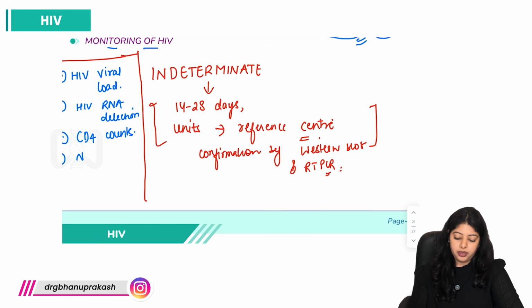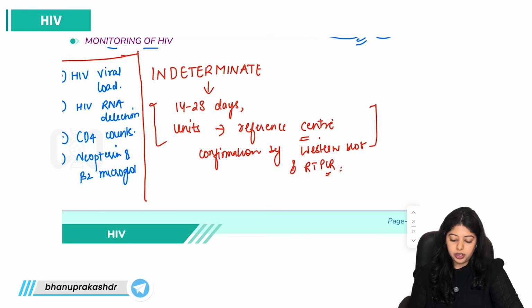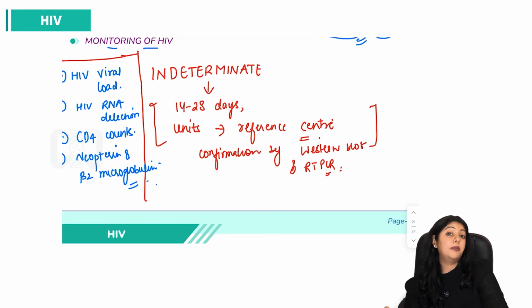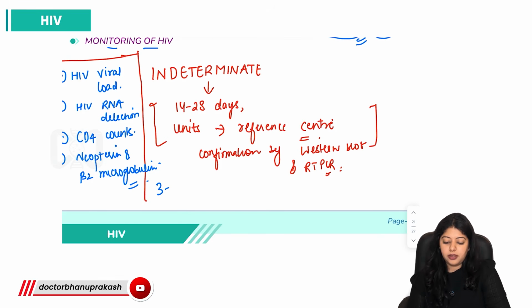Then neopterin as well as beta-2 microglobulin also need to be monitored. So these are the tests we need to monitor during the testing mechanisms or during results or during giving the patients treatments, right? So monitoring has to be done every 3 to 6 months.